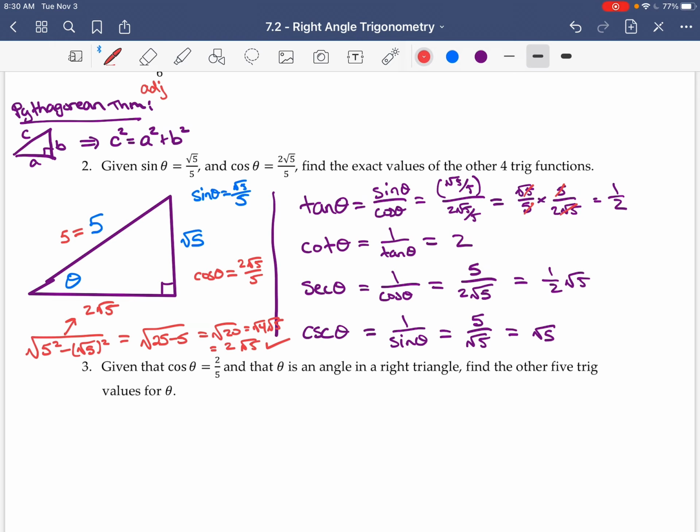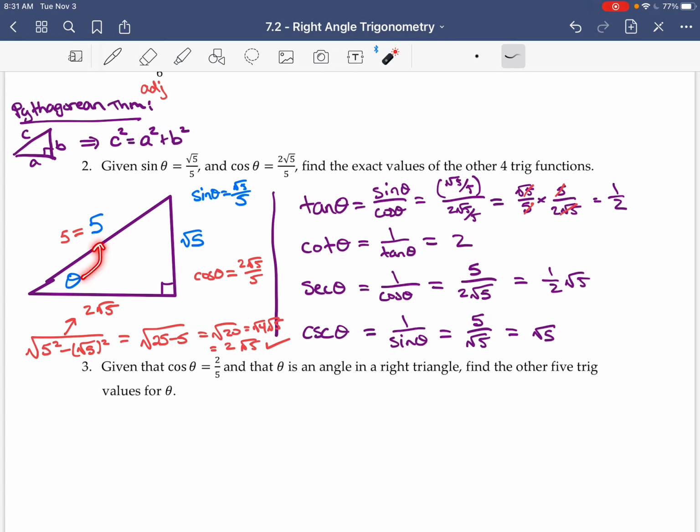So tan theta is the opposite over the adjacent. So it's root 5 over 2 root 5, which simplifies to 1/2. Okay, cotan theta is the adjacent over the opposite. So that's 2 root 5 over root 5, which simplifies to 2.